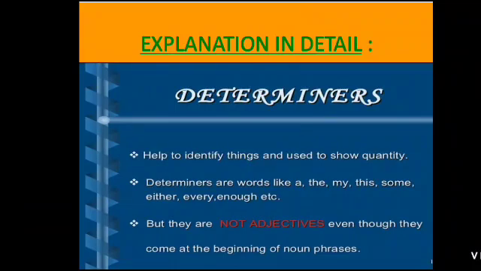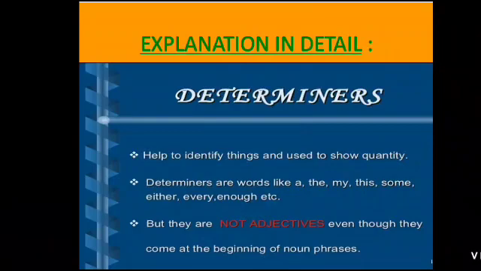Okay. Now, determiners are words like a, the, my, this, some, either, every, enough, etc. And they are not adjectives. Even though they come at the beginning of noun phrases, they are not adjectives.